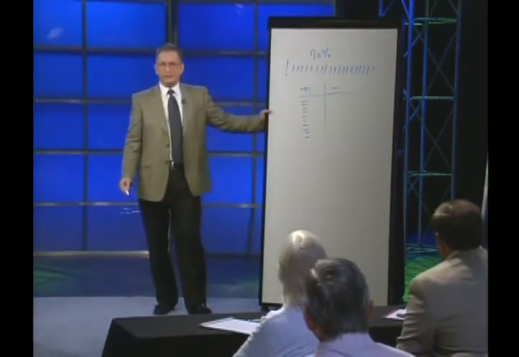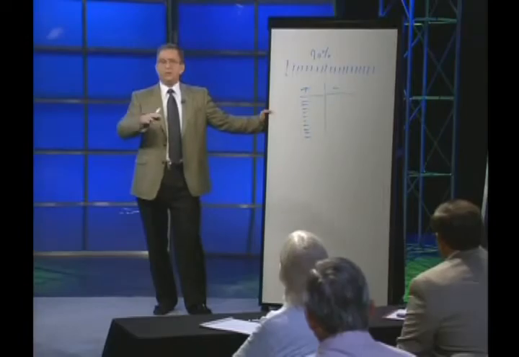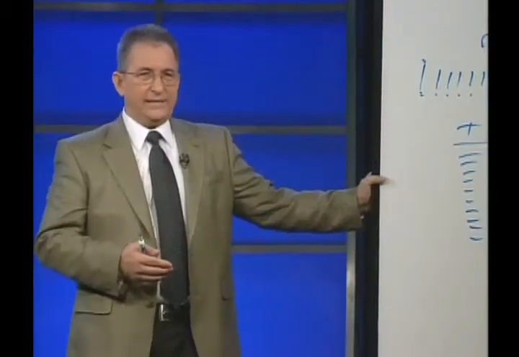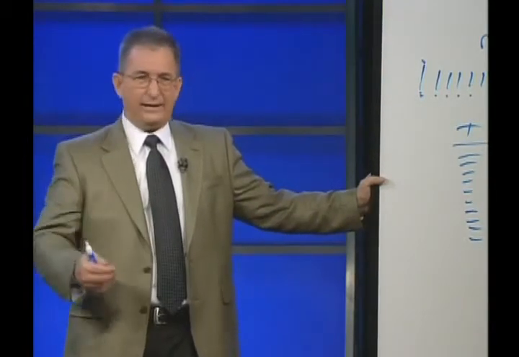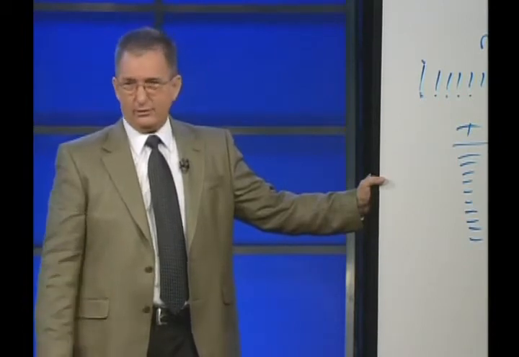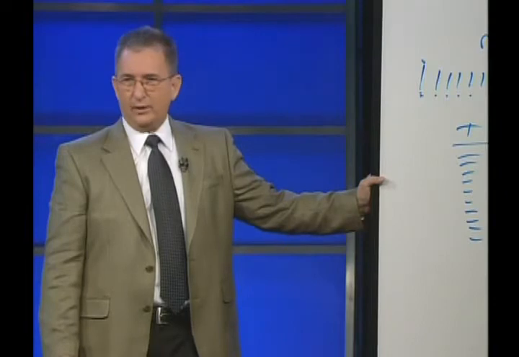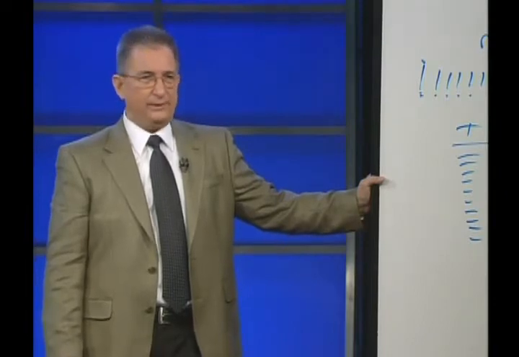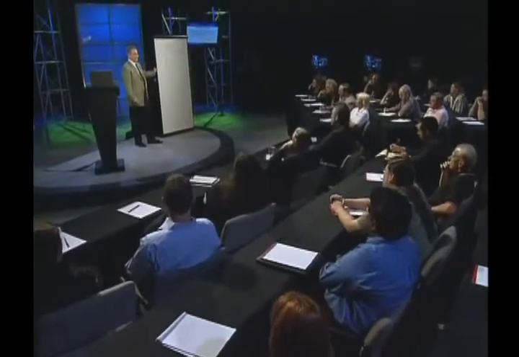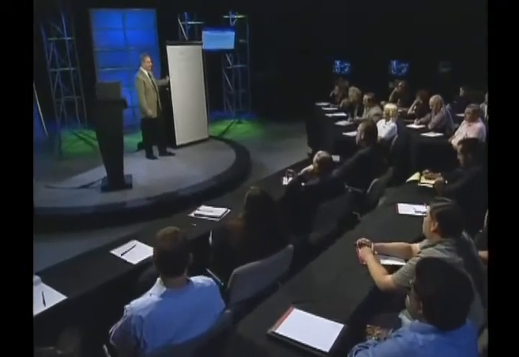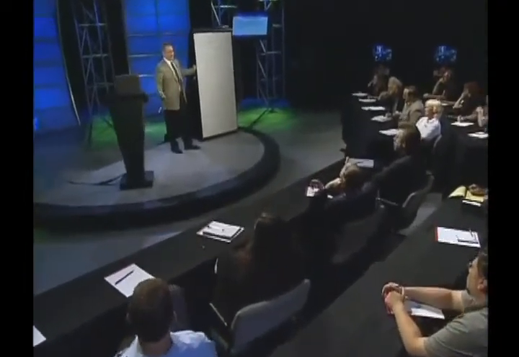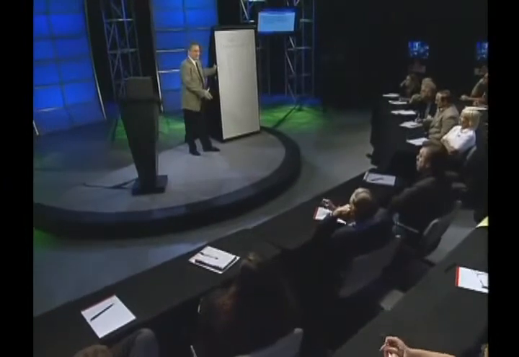Because what we're running into, I kind of got ahead of myself, is this: when you learn how to define an edge and execute your trades flawlessly, what you're now exposed to is the possibility of unlimited wealth. There's really nothing holding you back. Well, let's put it this way: there's nothing on the outside that's holding you back, but there might be something on the inside that's holding you back.